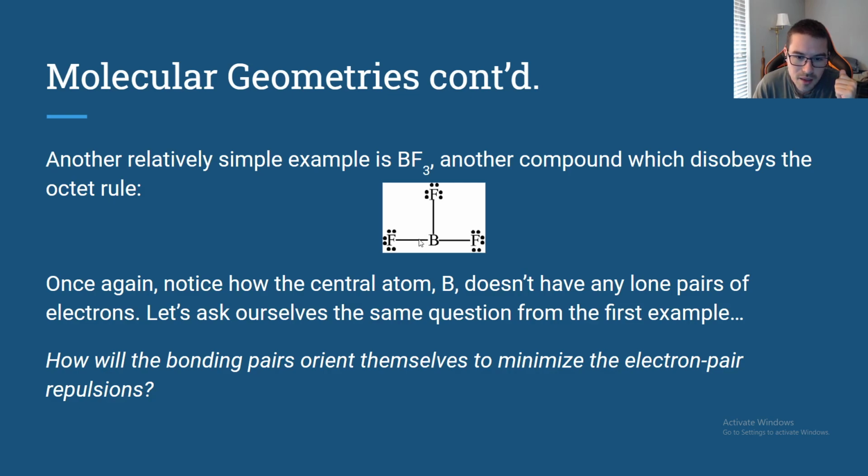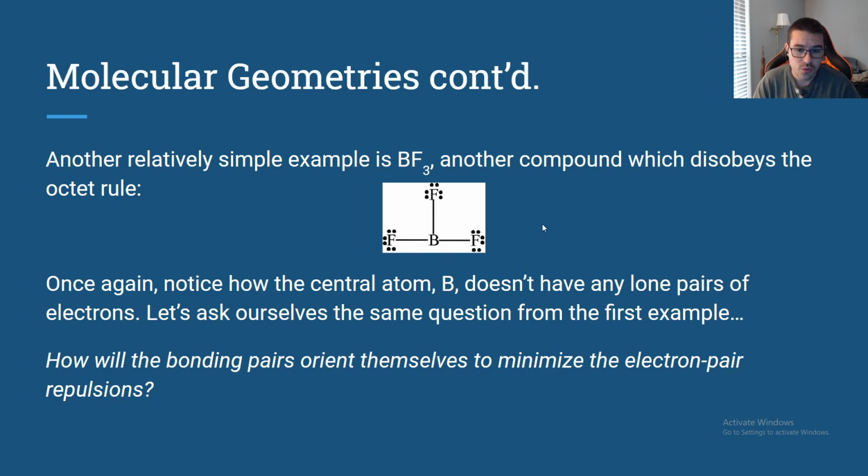And here's why. Notice that the bond angle down here from this fluorine to this fluorine would be 180 degrees, but then these bond angles here would be 90 degrees each. That's not going to work. We're trying to minimize the repulsions. These 2 bonding pairs would have more of a repulsion on each other than, say, these 2.